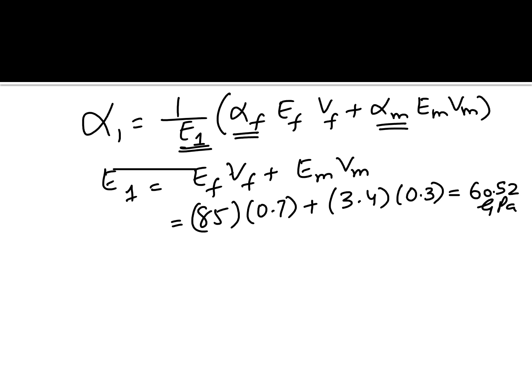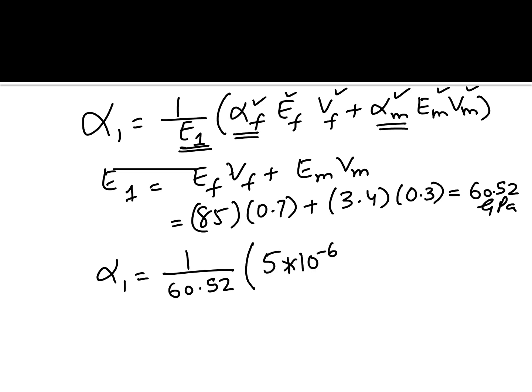So let's go ahead and substitute all the numbers which are now available to us. So we have 60.52 as the Young's modulus in direction 1. Let's now substitute these values for these 6 variables. So we will have as follows.